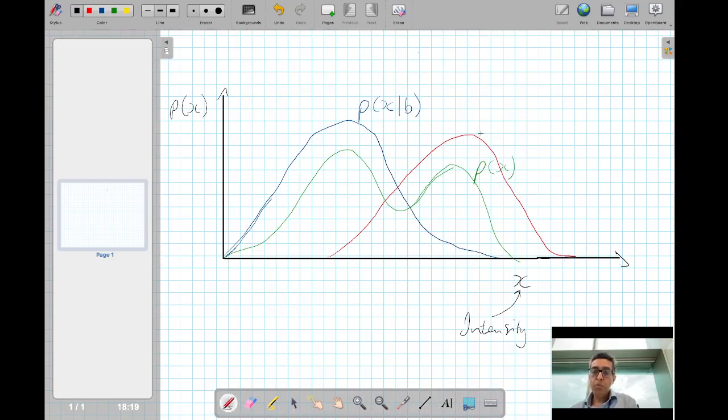Okay, so this red curve is now the conditional probability density function of intensity P of x, given that we're looking at object pixels. O refers to object, and in this case that's going to be the leaf.